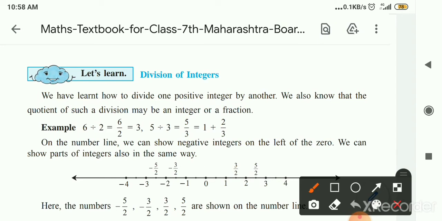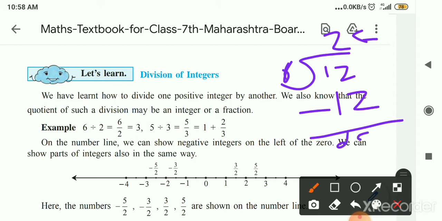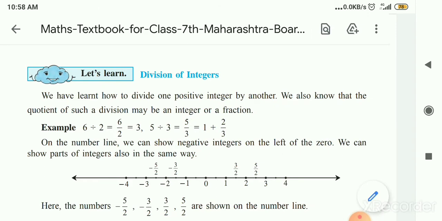Suppose you are dividing 12 by 6: 6 2s are 12, so 2 is the quotient, and it is a positive number. Such a division may give an integer, 2 is an integer, or sometimes a fraction. How a fraction, I will tell you now.